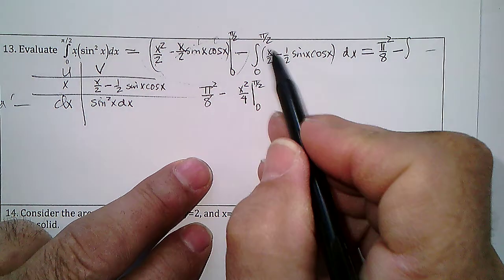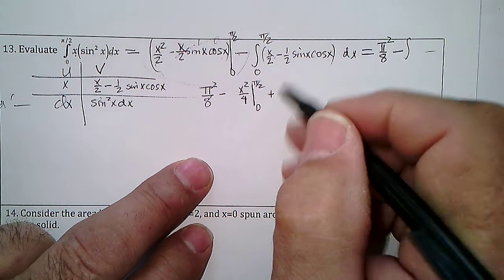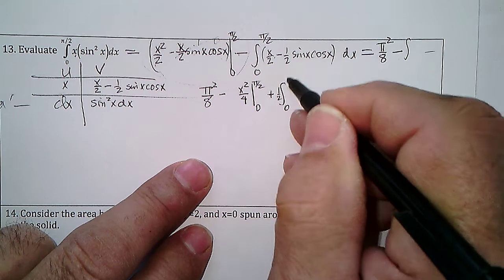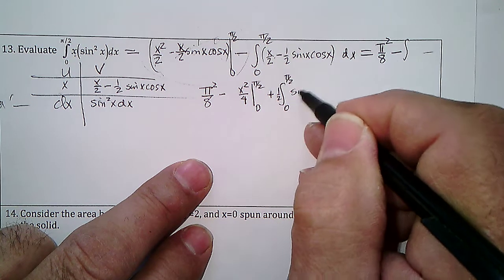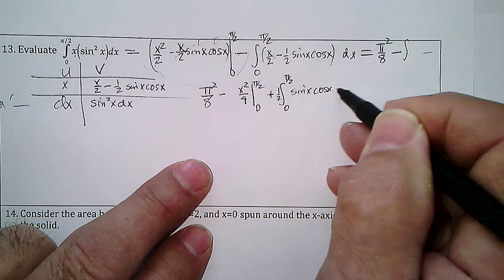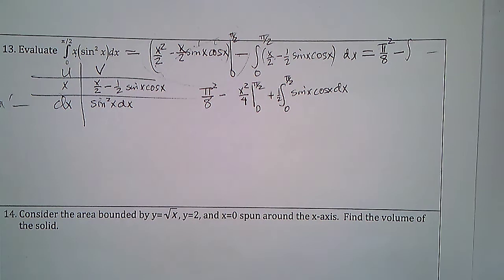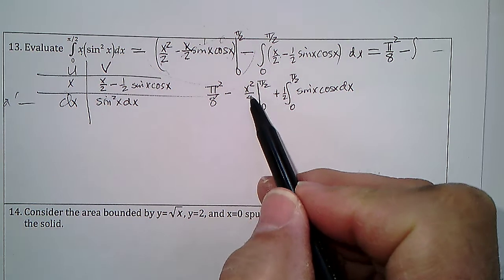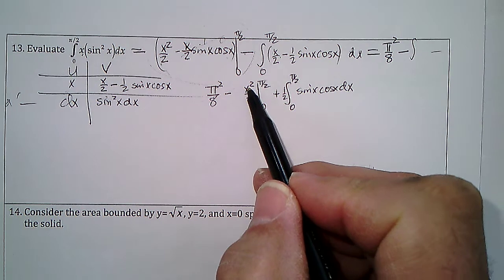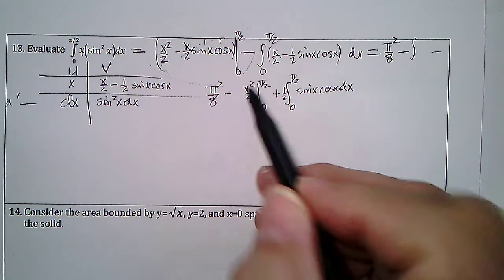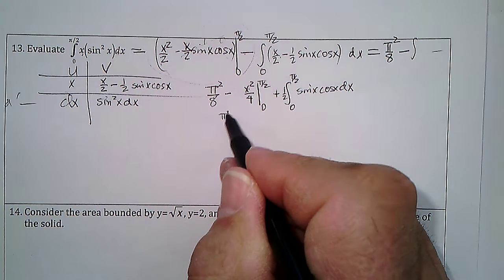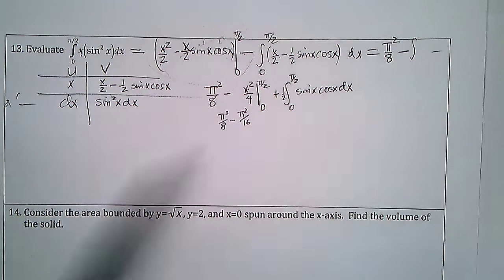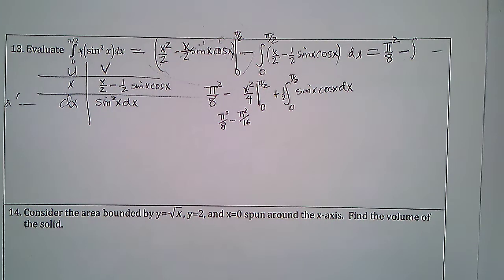And on the second part, we got minus a minus, which would be plus the integral from 0 to pi over 2 of 1/2 sine x cosine x dx. Now this is going to be pi squared over 4 divided by 4, so that's pi squared over 16, and that would be 0. So we got pi squared over 8 minus pi squared over 16, which is just pi squared over 16 altogether.